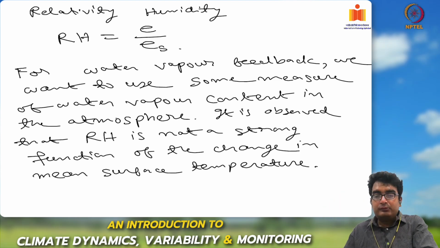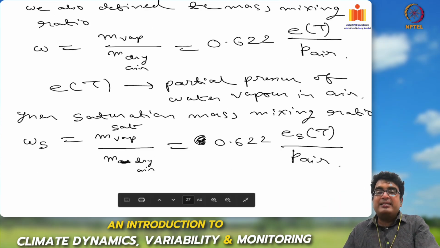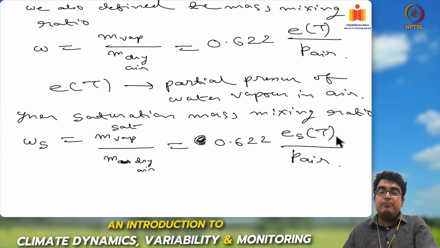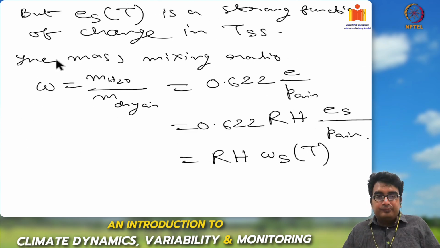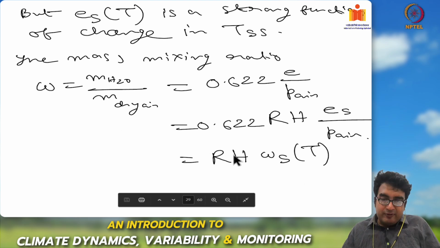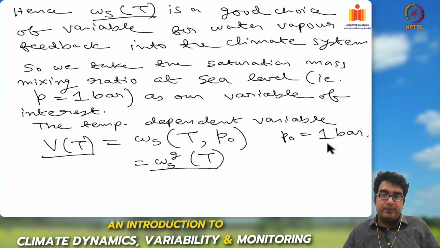However, the saturation mass mixing ratio is a strong function of temperature of the climate system because it depends on ES(T). Okay. So, we can write the mass mixing ratio, mass of water vapor by mass of dry air, equals relative humidity into saturation mass mixing ratio, which is a strong function of temperature.